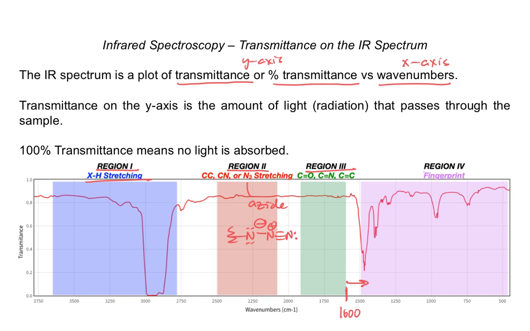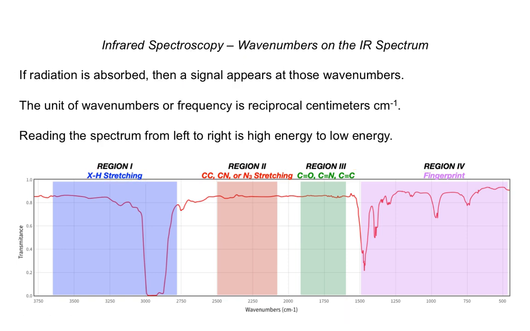I have this region 4 here which says fingerprint. When you get into there, the IR spectra are a little bit more difficult to interpret, so we generally just ignore them.